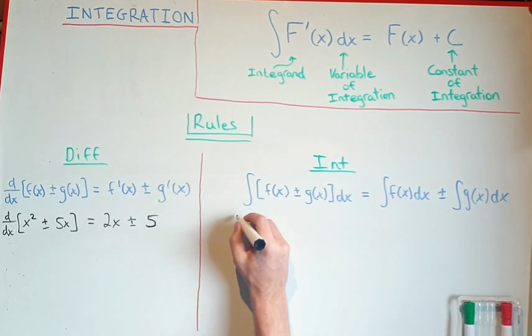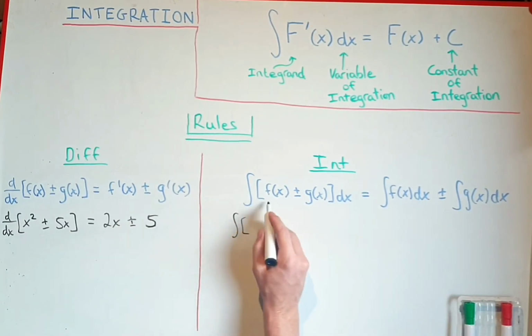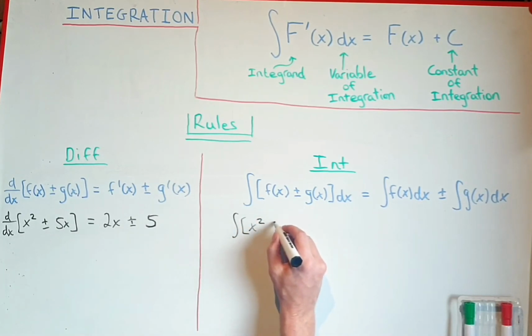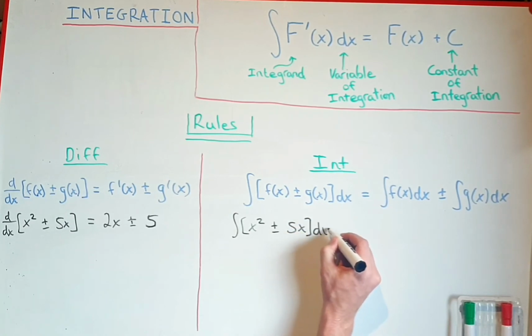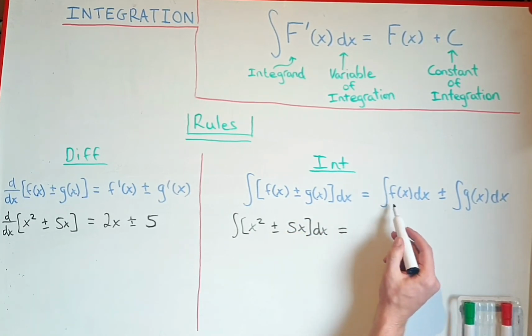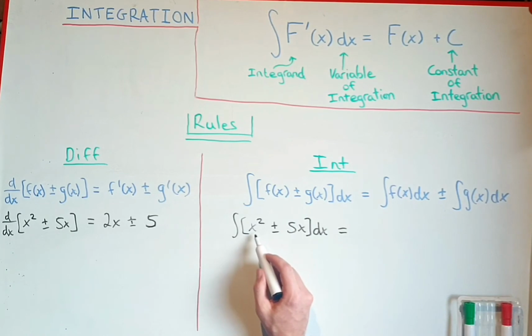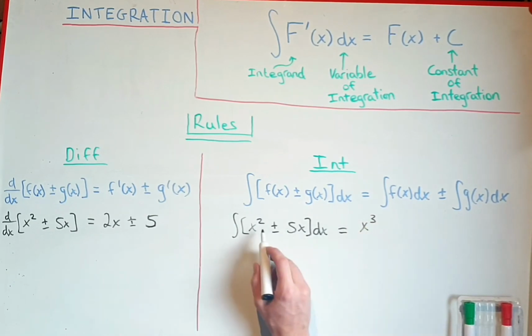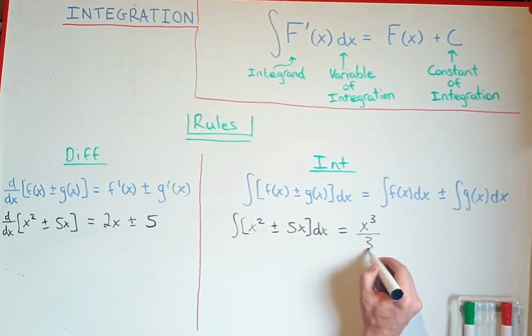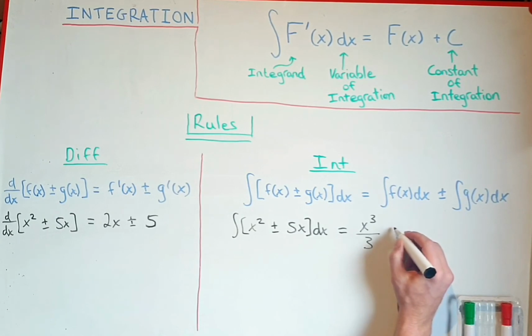And similarly here, if we want to integrate this f of x, which we chose to be x squared, plus 5x dx. So that's equal to, well, we integrate the first function here. Remember, we raise the power by 1 and divide by it. So this is going to change to x to the 3, because we raise the power, and we divide by 3.